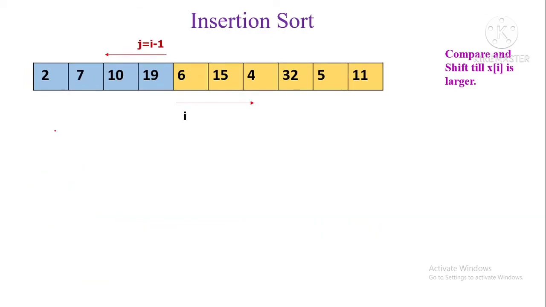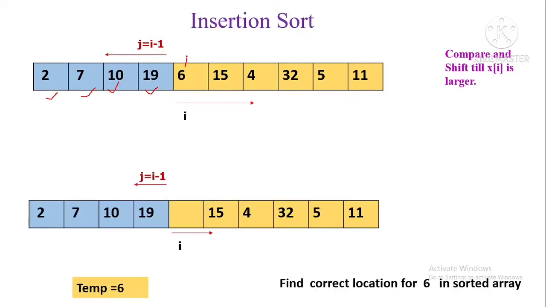So after doing this, I have got 4 elements in my sorted array. Now comes 6. I want to find out the proper position for this element 6, so I am going to take the help of the temporary variable. I have stored this value in the temporary variable and made a hole in this place.